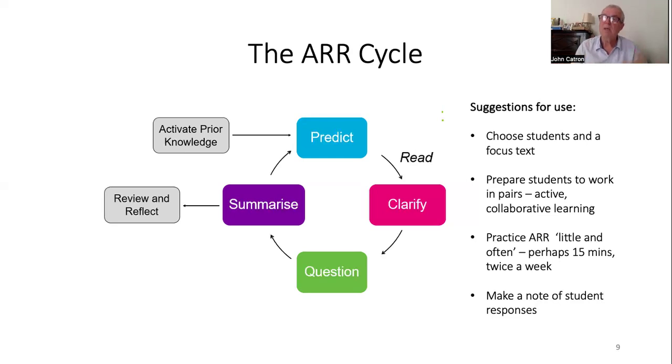Step out of that. How have we done? Remind students what they've done. We've done active reciprocal reading. We've predicted, we've read, we've clarified, we've questioned, we've summarized. If you can get students to remember the 5 steps, they can then use those 5 steps when they're reading on their own.